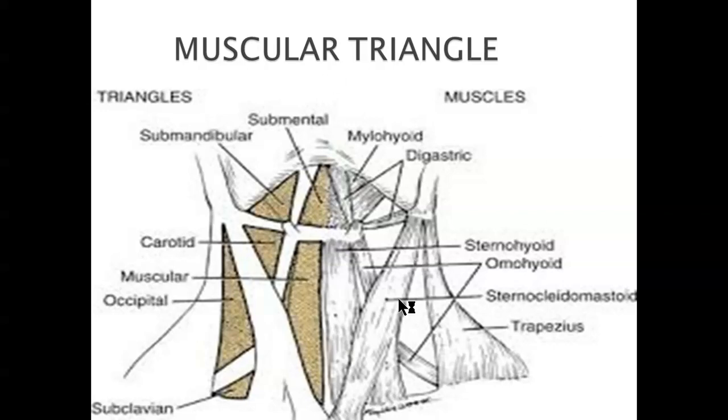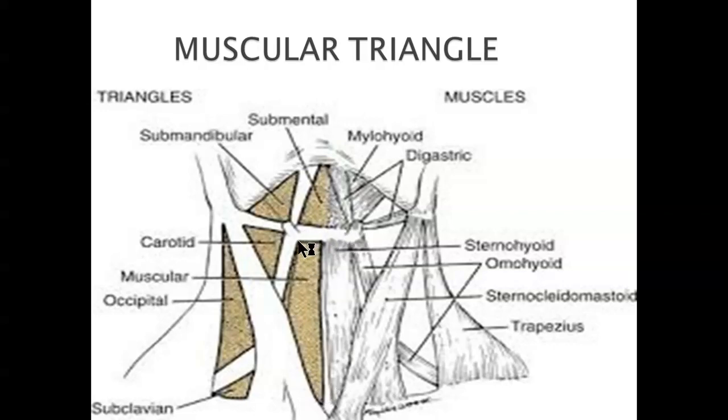Then the third triangle in the anterior triangle would be your muscular triangle. Muscular triangle is this one. Muscular triangle is in the midline, having muscles, as the name suggests, which are known as the infrahyoid muscles. Why infrahyoid? Because it's below the hyoid bone.